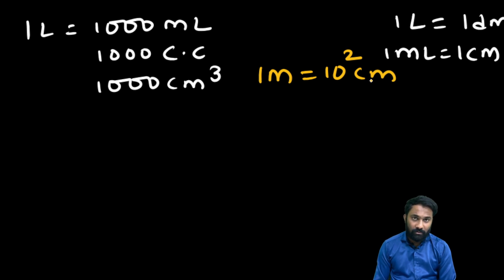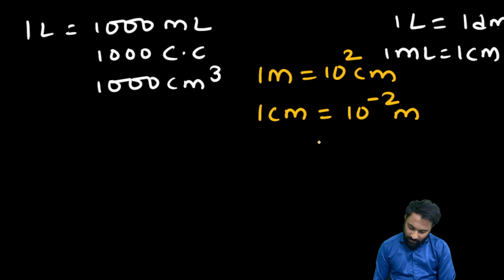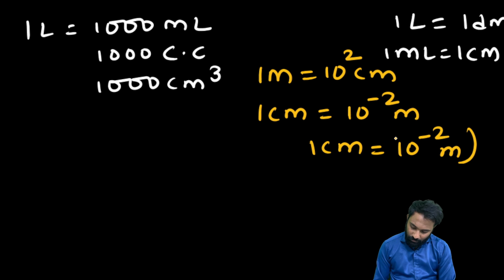Then when you are coming from the lower unit to the higher unit, 1 centimeter will be equal to 10 to the power minus 2 meter, can I say? Done. For 1 centimeter, if I do a square or cube, if I do a what?